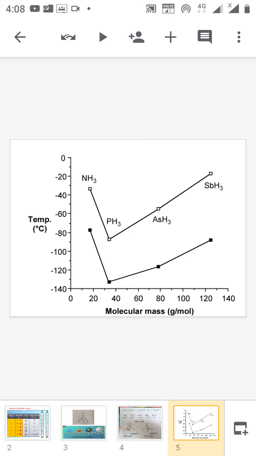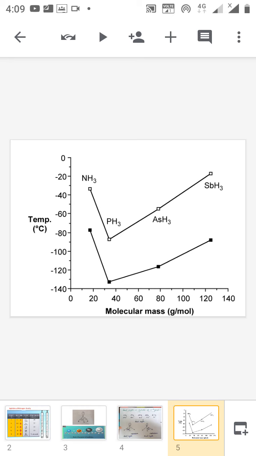This is mainly because in the case of ammonia, a polarity is developed between nitrogen and hydrogen due to the electronegativity difference. That's why intermolecular hydrogen bonding exists in ammonia, and due to this hydrogen bonding, ammonia has the highest boiling point.